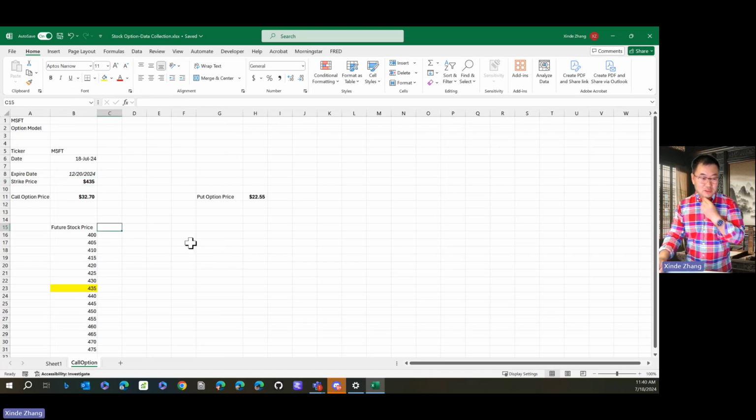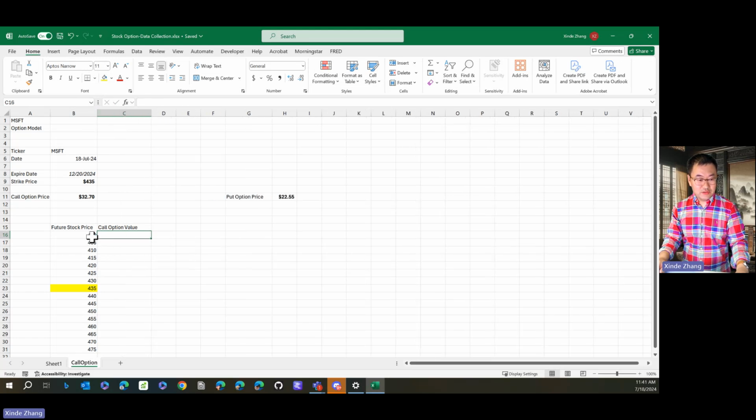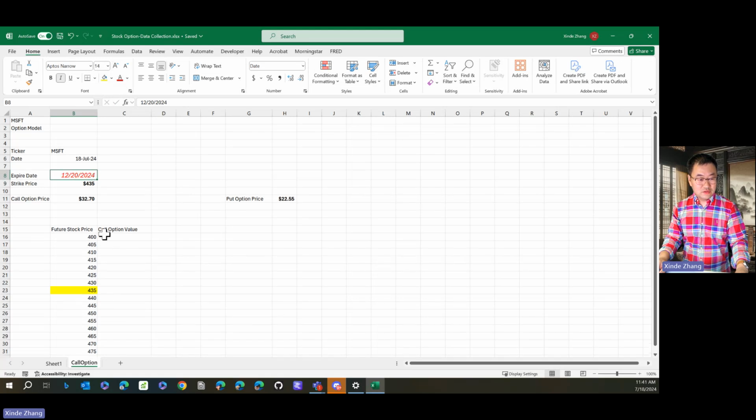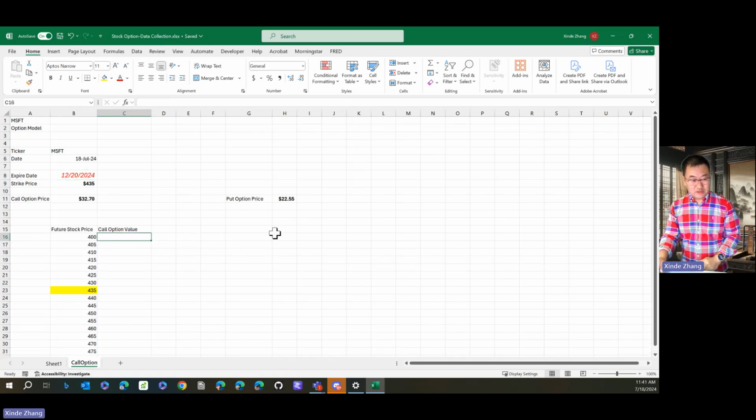And after we have those, we want to know what is going to be the call option value. If the stock price is 400 at the date of December 20th, but let's think about it.